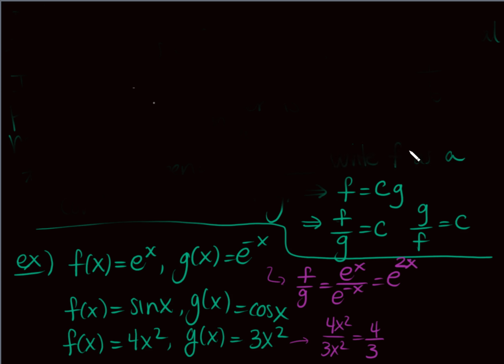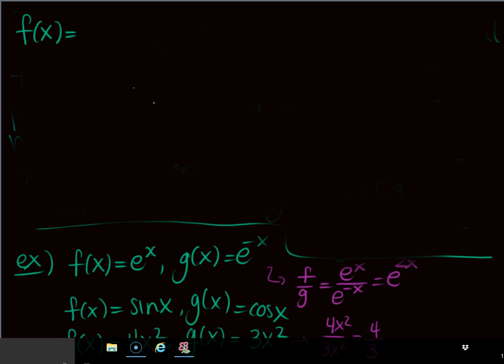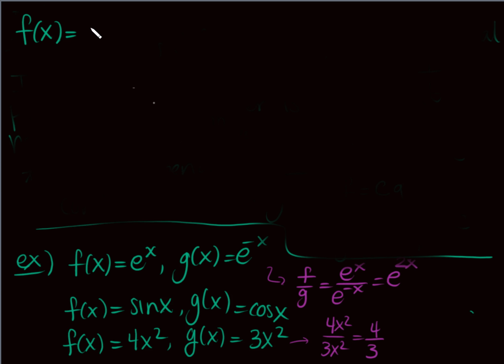Let me show you one really quick where they are linearly dependent, but it's maybe not so obvious. One that I always kind of forget about: let's say f of x equals sine of 2x, and g of x equals sine x cosine x.